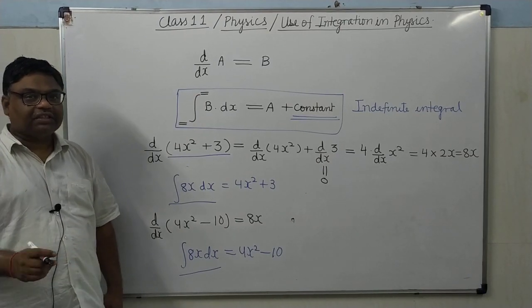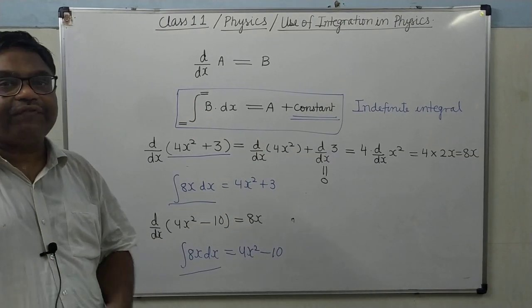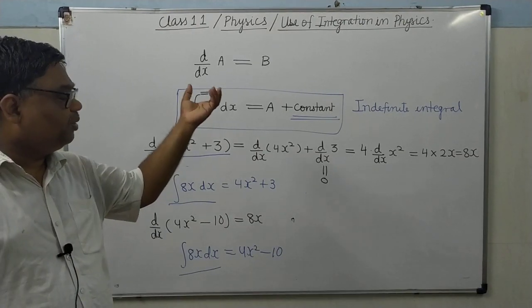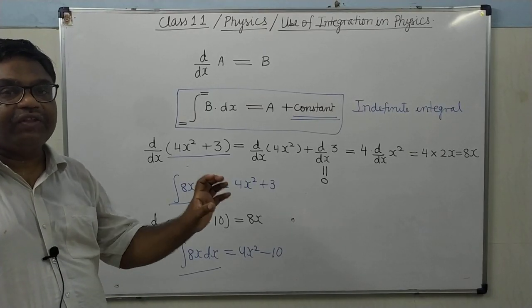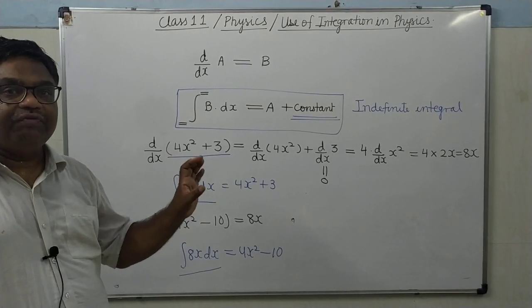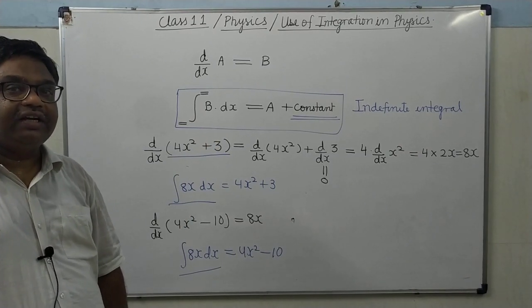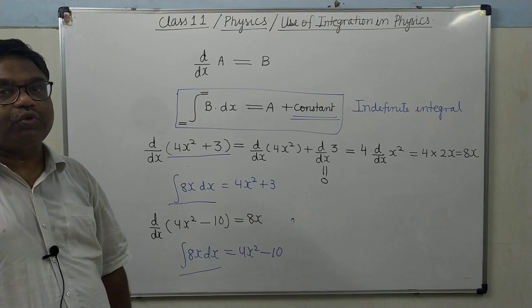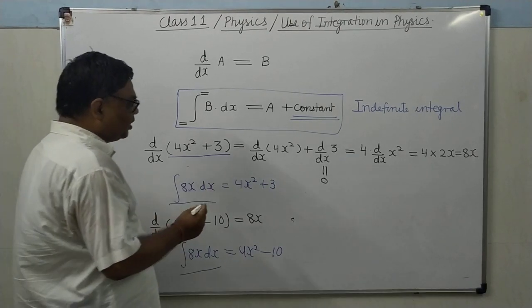So if the limits are given, then that integral will become a definite integral. Then we will be able to get the value of the constant. If the limits of the integral are given, then we will be able to determine the value of the constant, and that type of integral is known as the definite integral. That is called the definite integral.